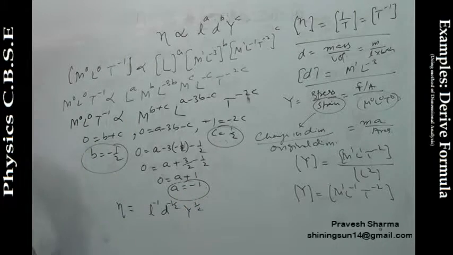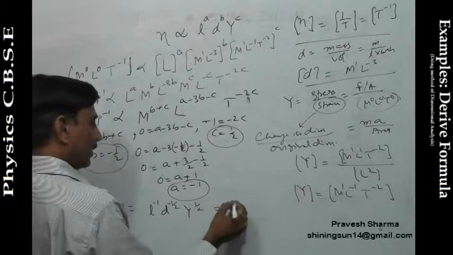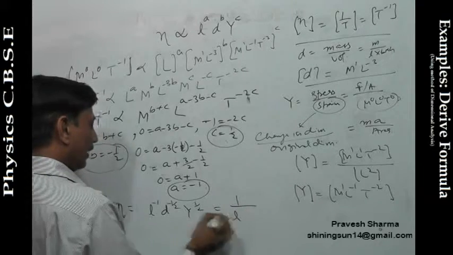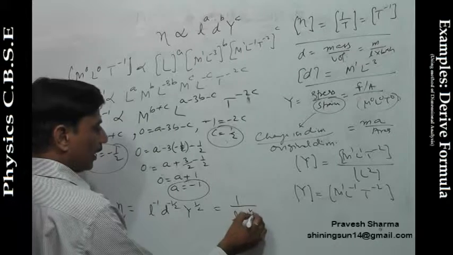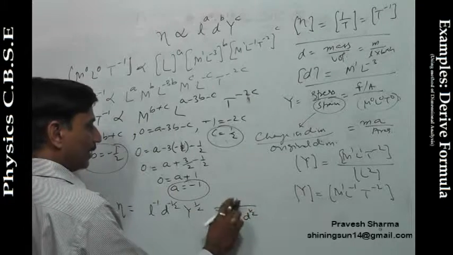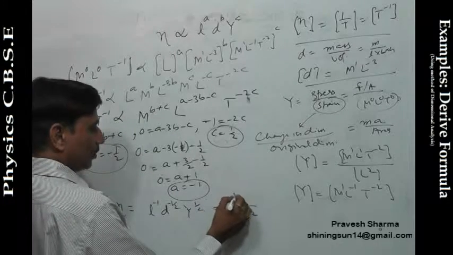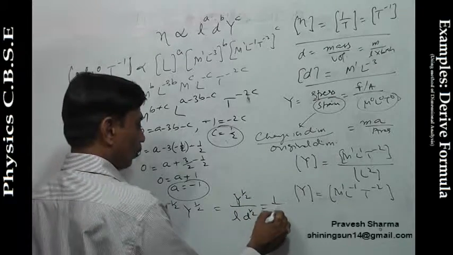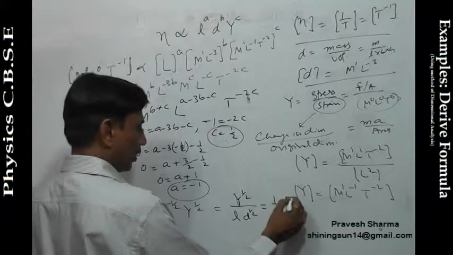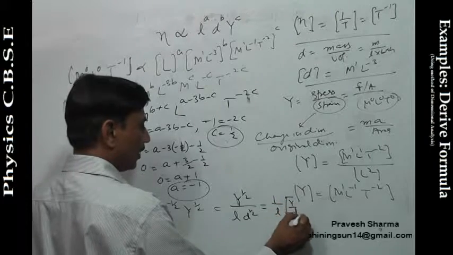Half means square root. So I can write it as 1 by L, D half goes down, and Y half stays up. This means 1 by L times root of Y by D.